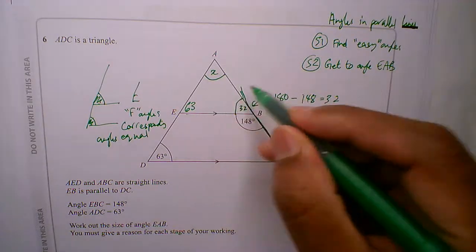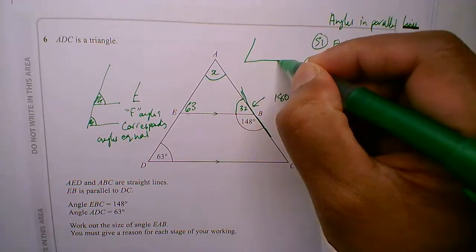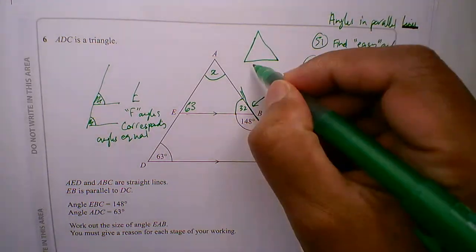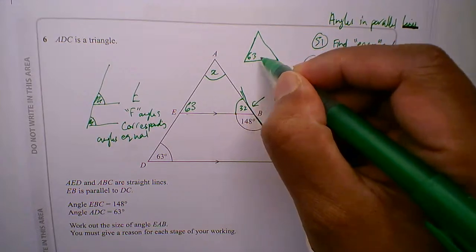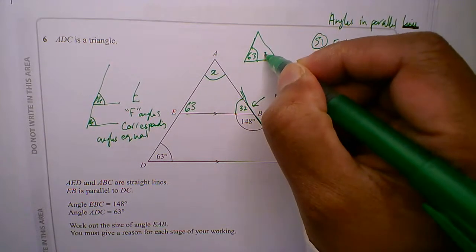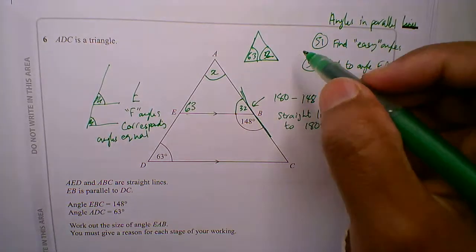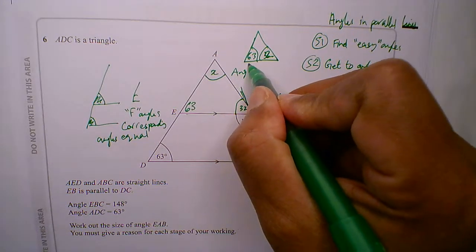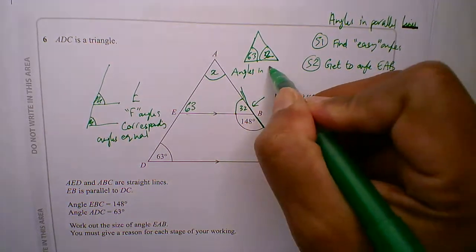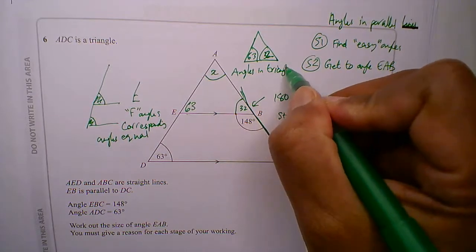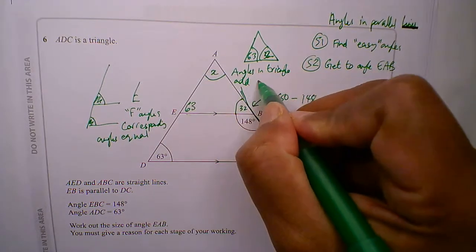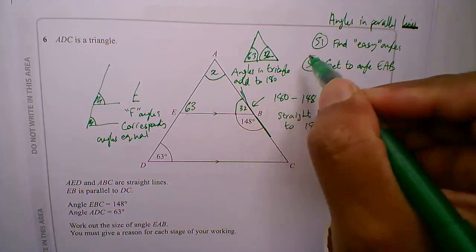Okay, so I've got my second part. Now if I sketch this out, I've got 63 here, I've got 32 there. Quite clearly, angles in a triangle make 180 degrees. So how do I work this out?